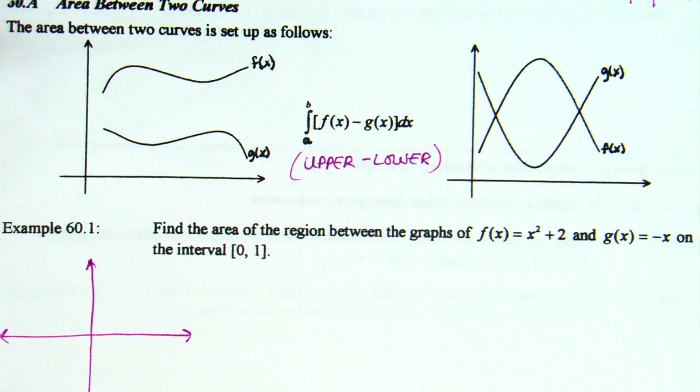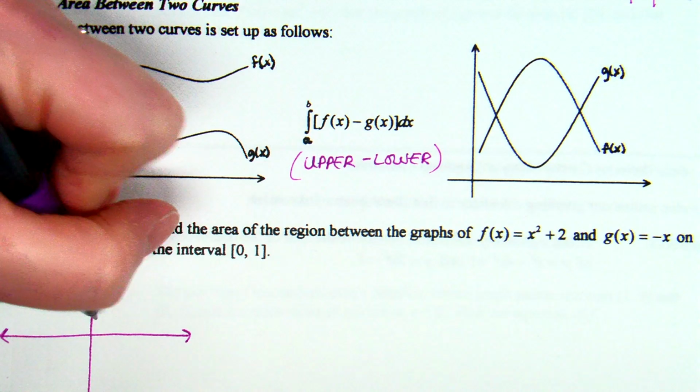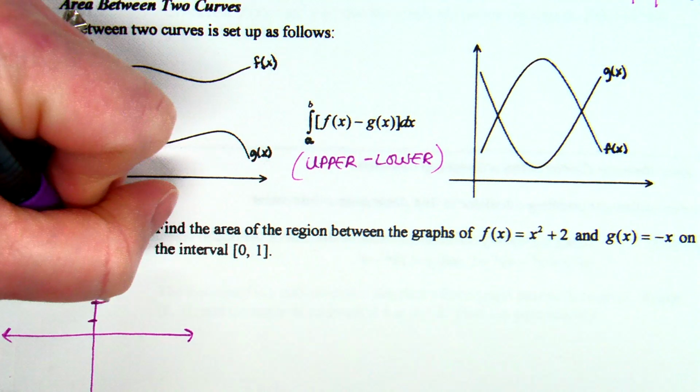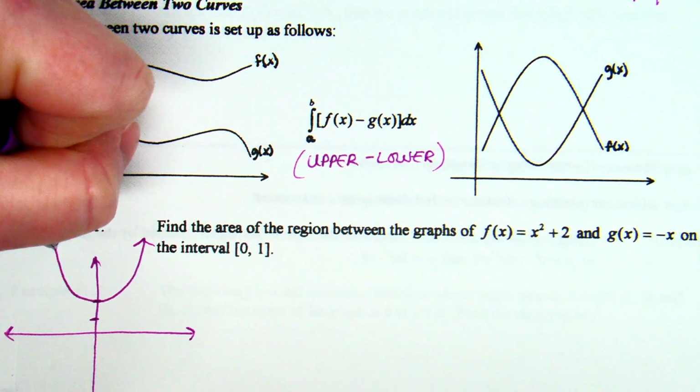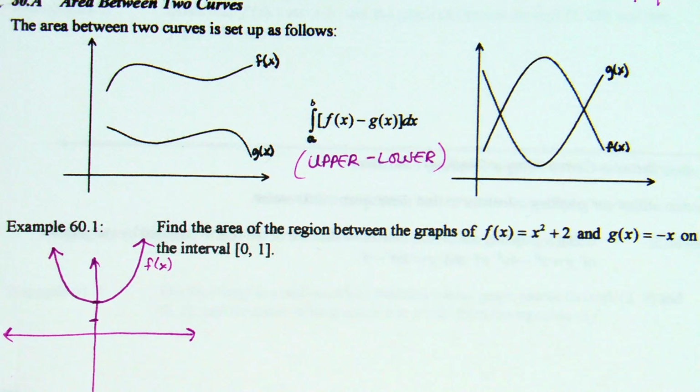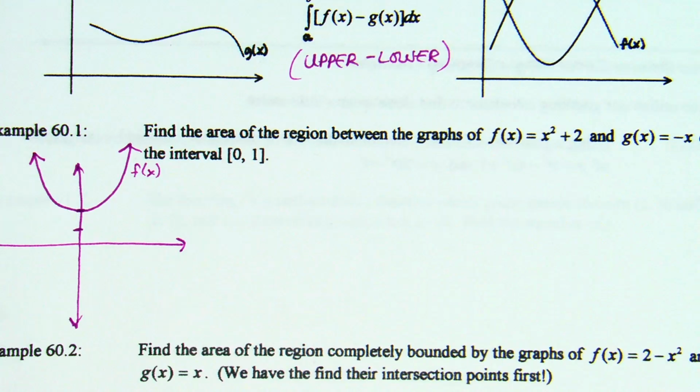F of x is x squared plus 2. How do we graph x squared plus 2? Yeah, it's a parabola, shifted up 2. So there is my f of x. G of x is negative x.